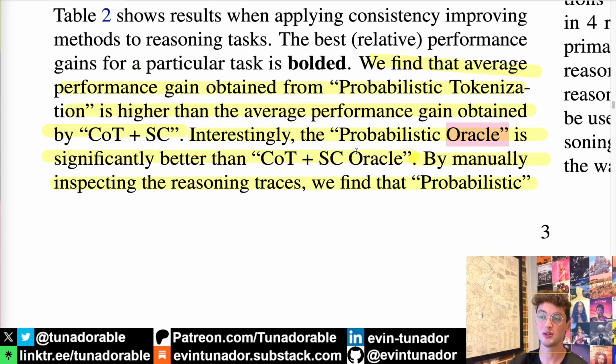And keep in mind, you can't do an oracle usually. They can only do an oracle here because it's an experiment and they knew the answer. Whereas in real life inference, your actual business's pipeline, whatever, you could not have an oracle. But interestingly, they found that the oracle of this probabilistic tokenization method was significantly better than the oracle of the chain of thought self-consistency method.